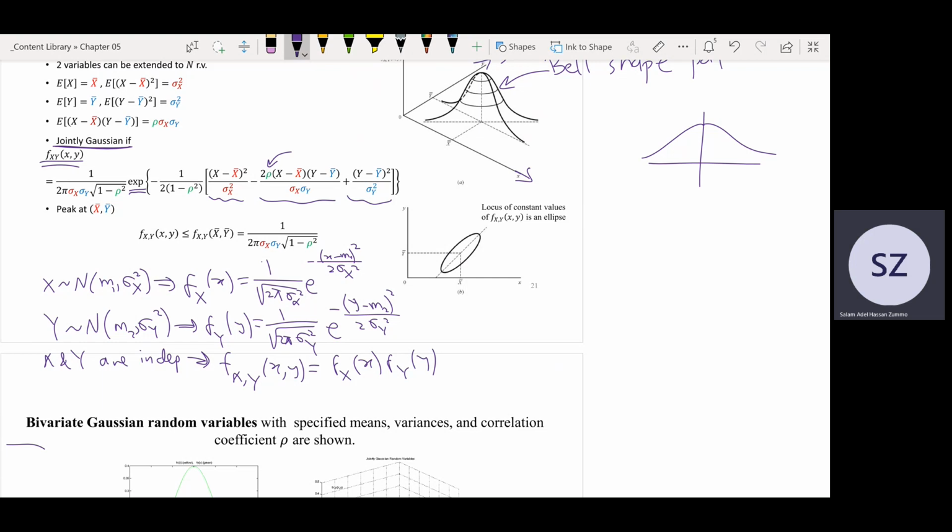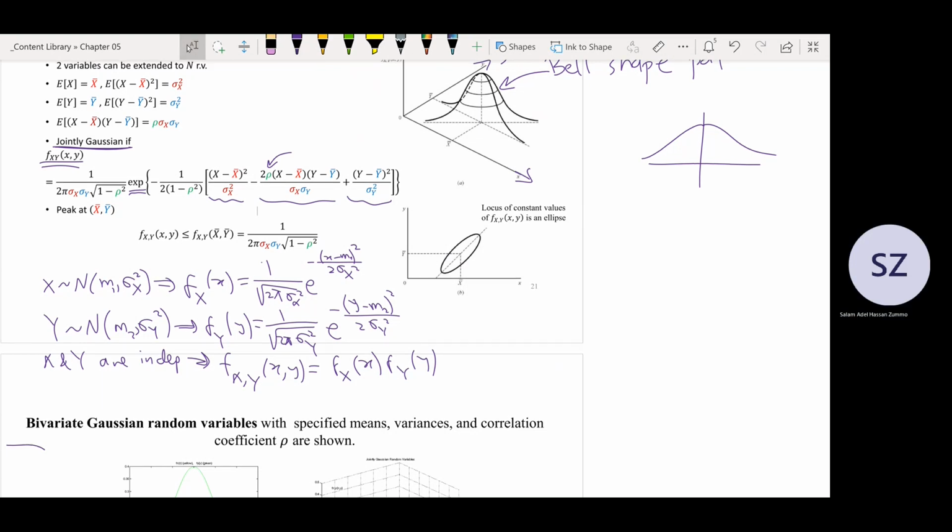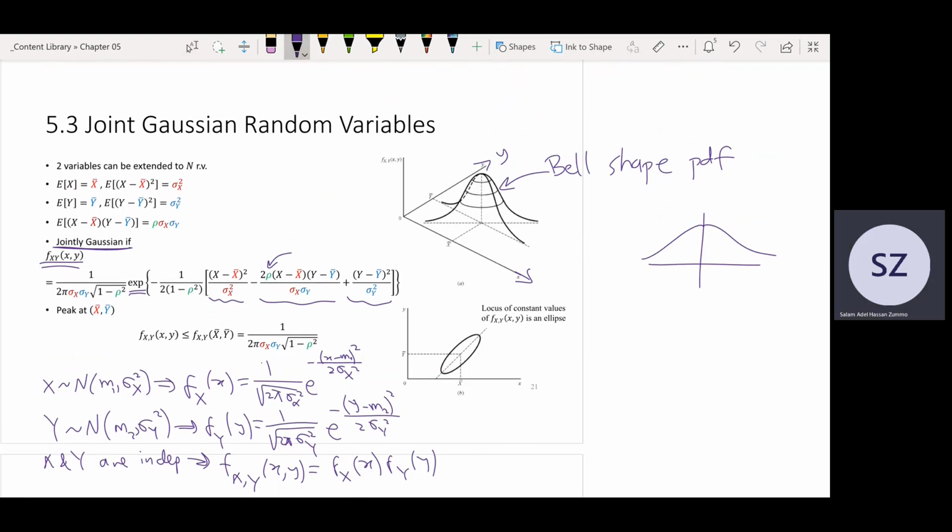Now, if we plot this PDF, it will look like, as we said, the bell shape. So if this is x and this is y, then basically it will look like the bell shape. Now, this is the mean of x, x bar, and this is the mean of y, which is y bar, where basically this is the center of mass.